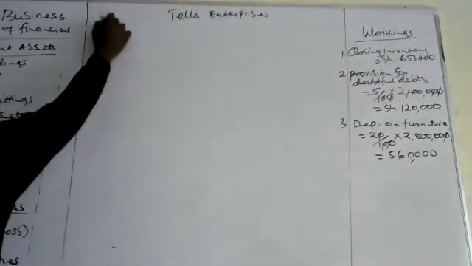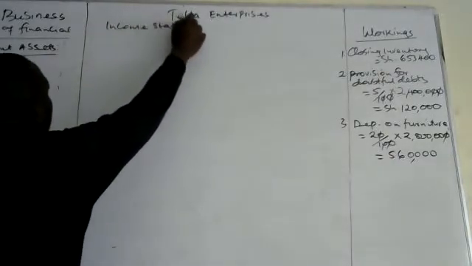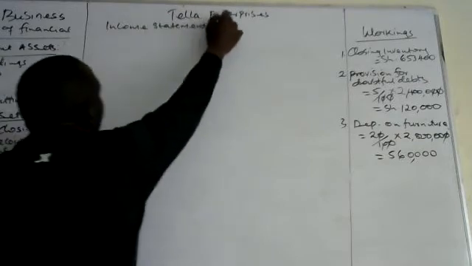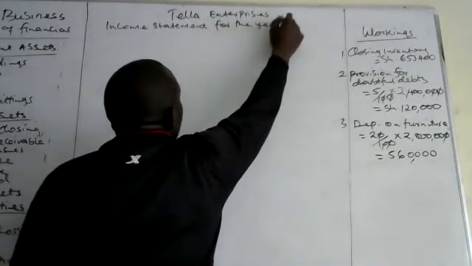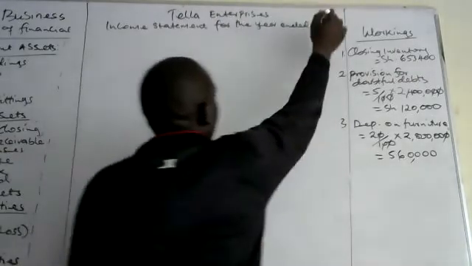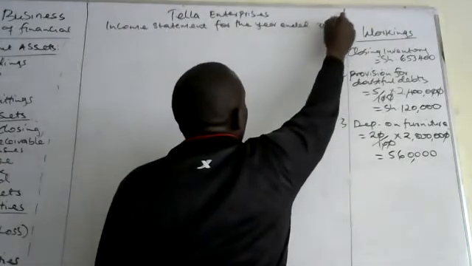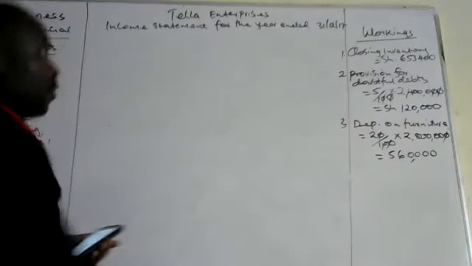Then you say income statement for the year ended 1st Dec 2017.